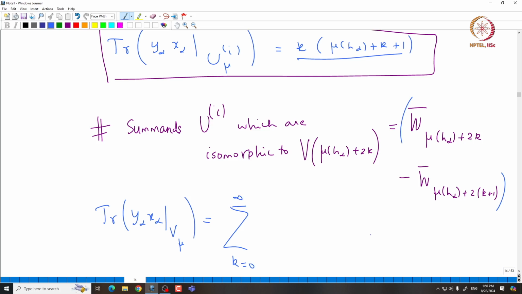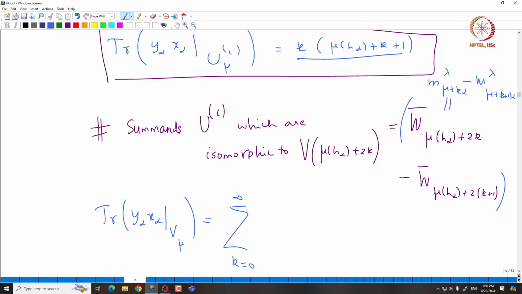this multiplicity of these summands. Which is again given by just taking the multiplicity of mu plus k alpha inside this V of lambda, minus the multiplicity of mu plus k plus 1 alpha inside V lambda. Because that is exactly the multiplicity of this mu of h alpha plus 2k.